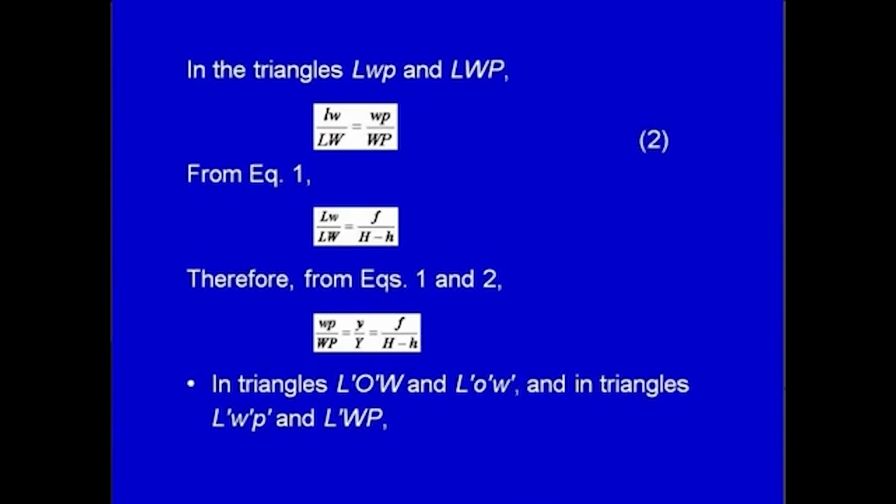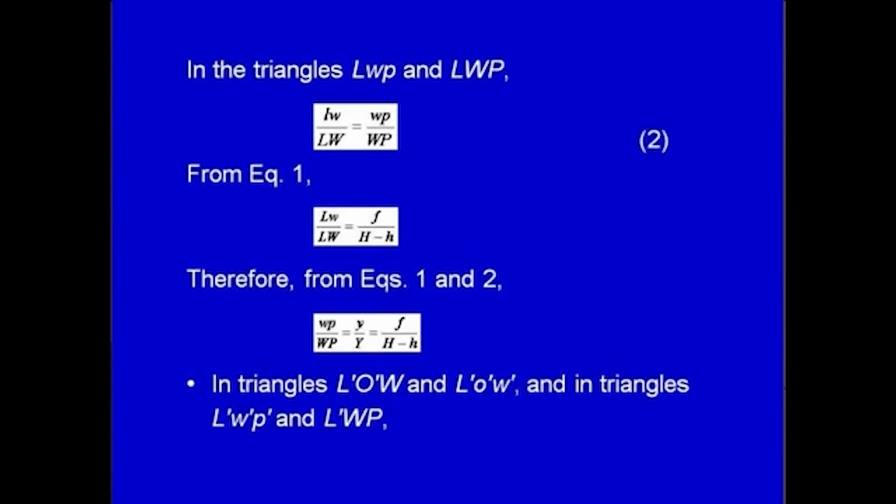Therefore, from these two equations we find that w p divided by capital W P is equal to small y divided by capital Y, and is equal to f divided by capital H minus h.